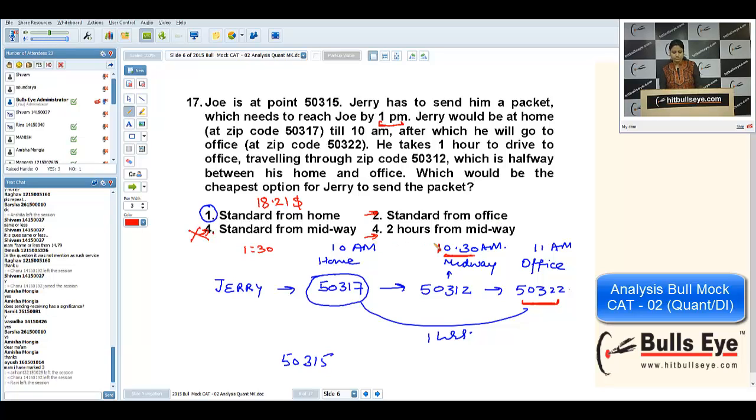I'm coming to the fourth option, I think, which is the answer, 2 hours from Midway. First of all, at 10:30 it is reaching Midway. By 12:30, Joe will receive this packet. So this is a valid option, but I'm checking the cost now. Midway zip code is 5312 to 5315.